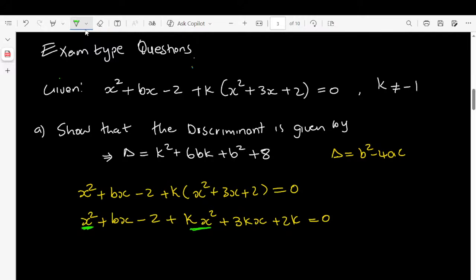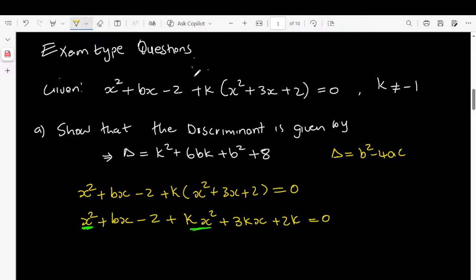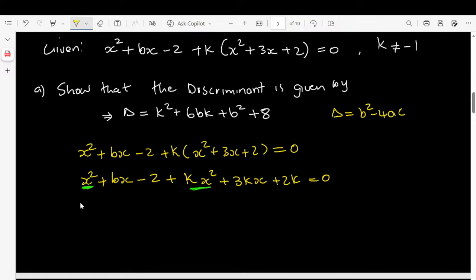I want to move slowly so that if someone watches the recording later on, they'll be able to understand. I'm going to bring this k x squared next to x squared because I need to take out x squared as a common factor.